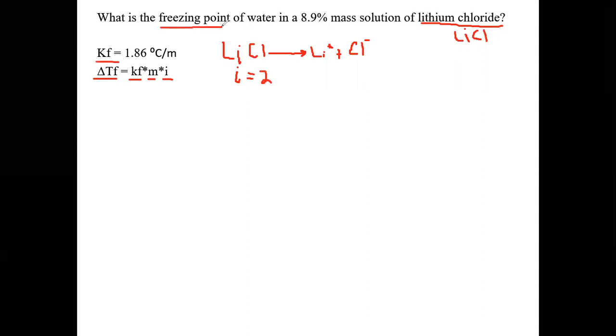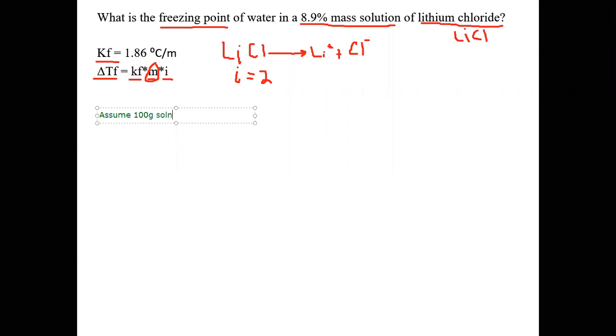So in order to find the freezing point, we need to know the molality of the solution. But we're given mass percent. So what we need to do is convert mass percent to molality. So with mass percent, we assume 100 grams of solution.